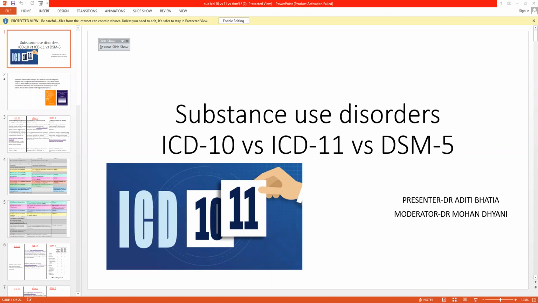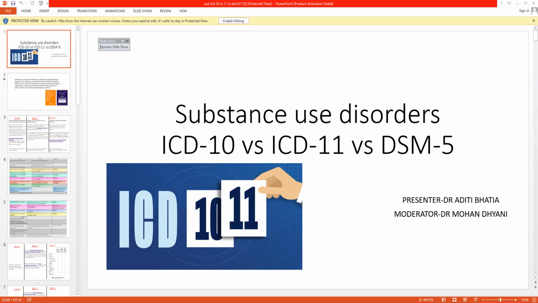The DSM-4 and ICD-10 diagnosis of polysubstance dependence has been eliminated in DSM-5 and ICD-11. It is recommended in both systems to make individual diagnoses corresponding to the substance responsible for the disorder. Both ICD-11 and DSM-5 have mentioned a special note regarding prescribed opioid analgesics and sedative hypnotics and anxiolytics.